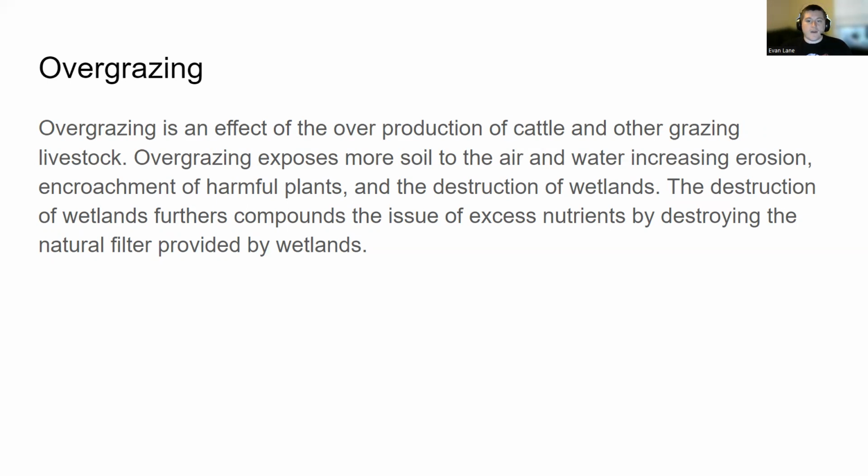This destruction of wetlands builds onto the issue of runoff pollution, because wetlands serve a key role in the environment as natural filters for pollution and nutrients, and really protect waterways from those elements.